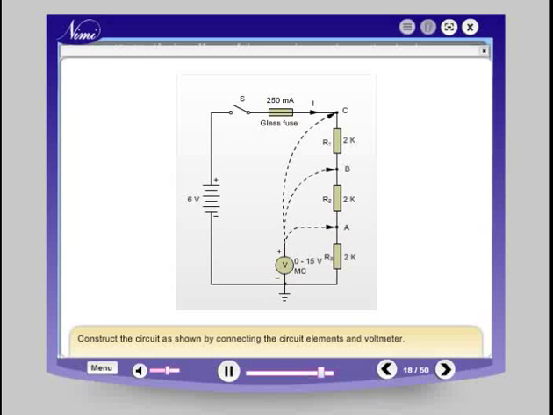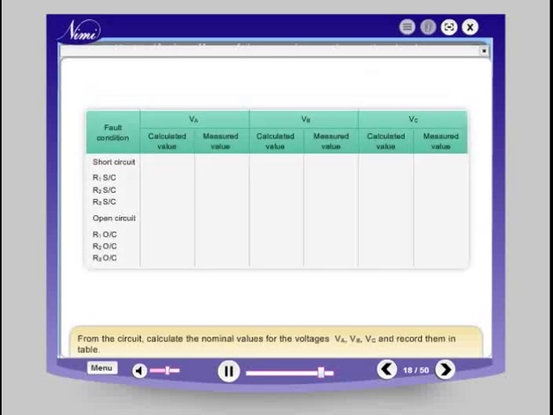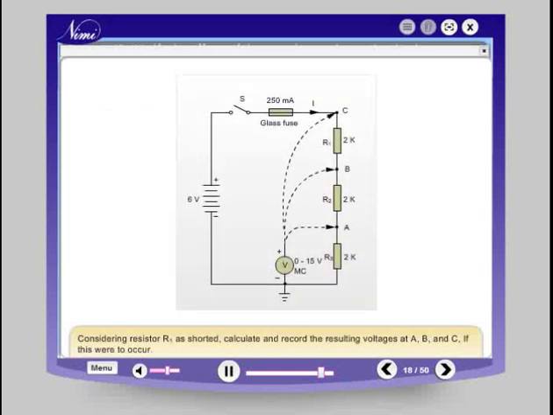From the circuit, calculate the nominal values for the voltages VA, VB, VC and record them in table. Considering resistor R1 as shorted, calculate and record the resulting voltages at A, B and C if this were to occur.